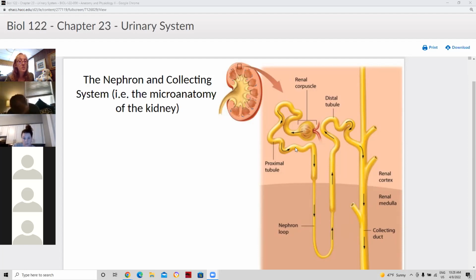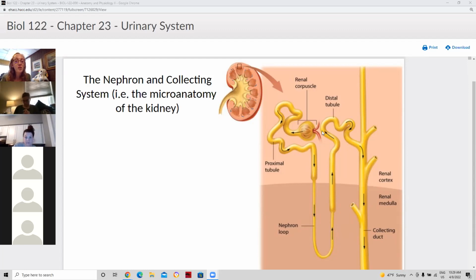From there, the filtrate is going to move down the descending limb of the loop of Henle, or the nephron loop, and then move up the ascending limb of the loop of Henle, and enter the distal convoluted tubule.